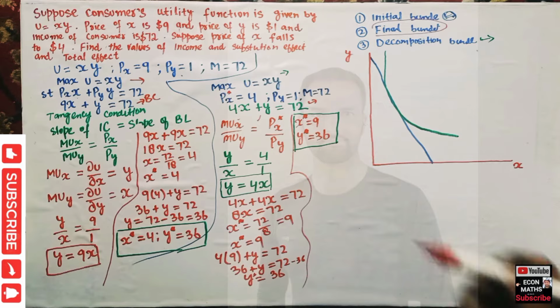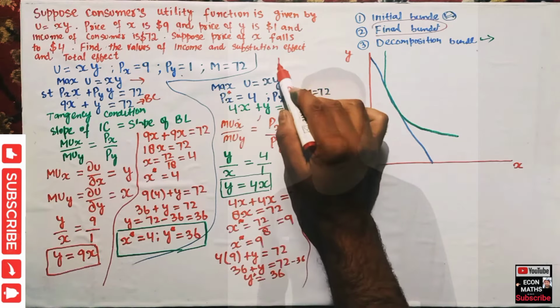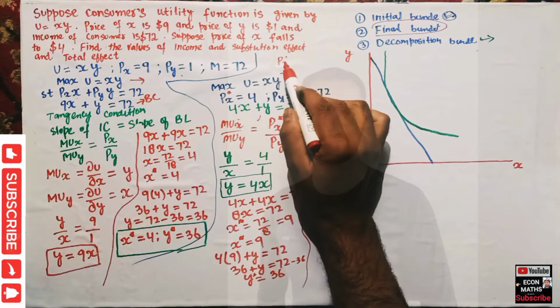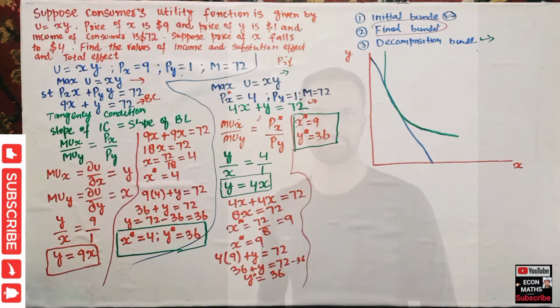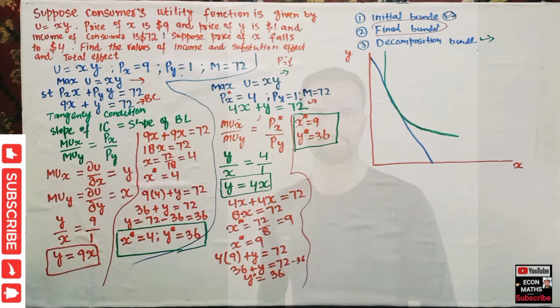Okay, now after that price of X has decreased. If price of good X decreases, that means consumer will try to consume more of good X. His real income will increase, but nominal income will remain same, that is 72, but real income has increased because the price of good X has decreased.